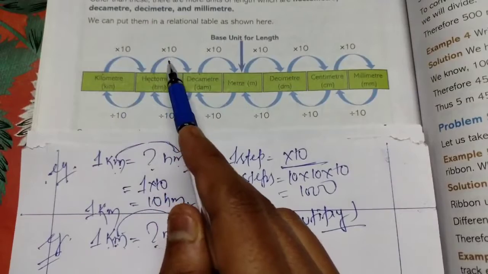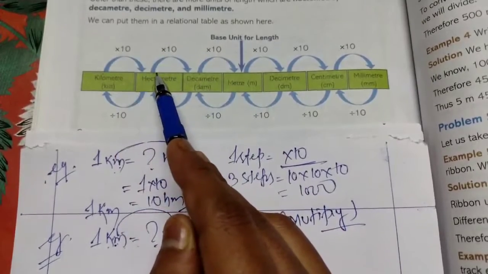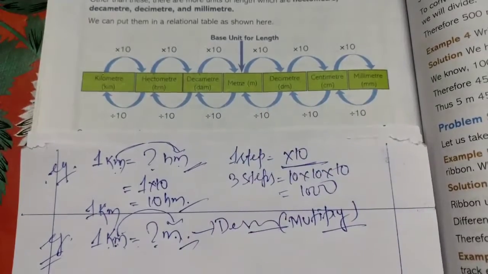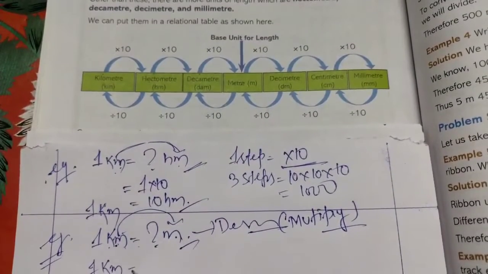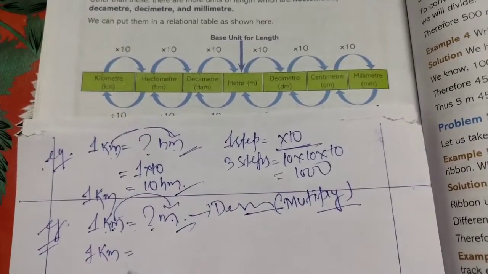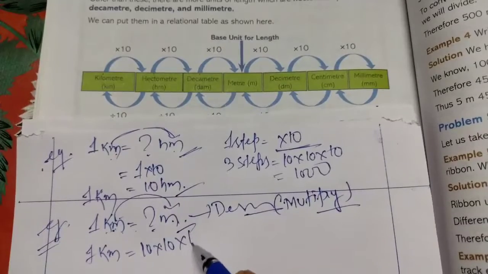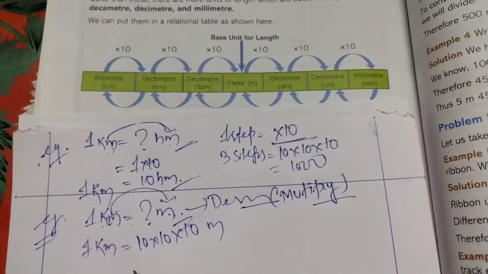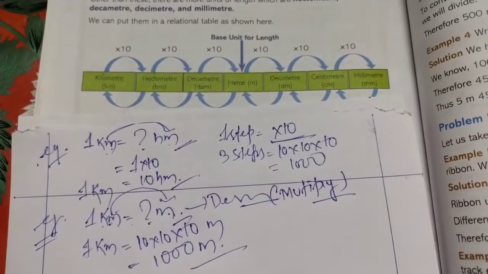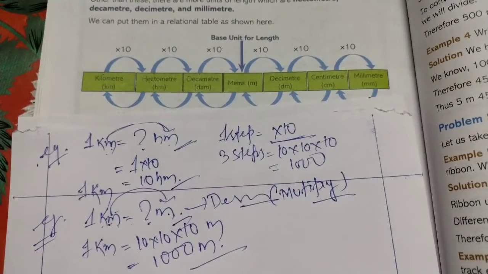So we are covering 3 steps, which means 3 times I have to multiply by 10. 10 into 10 into 10, that will be your 1000 meter. So I think I have explained it to you nicely. The concept you have to go through.